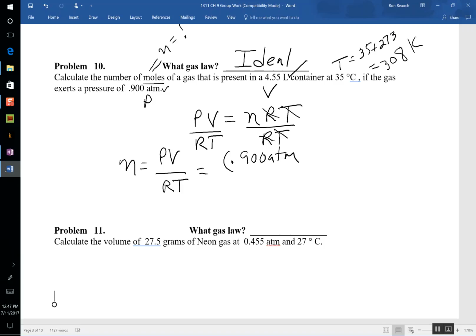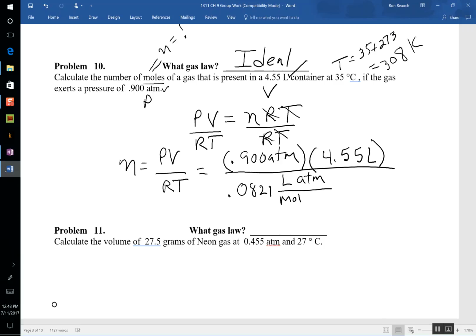Let's do the dimensional analysis on this. Volume is 4.55 liters. I've got 0.0821 liter atmospheres per mole Kelvin. And down here in the bottom I have 308 Kelvin.